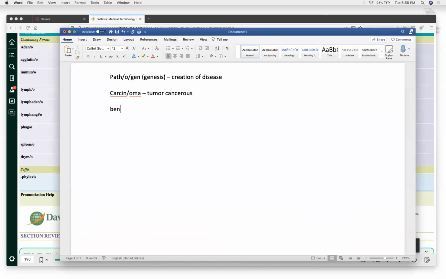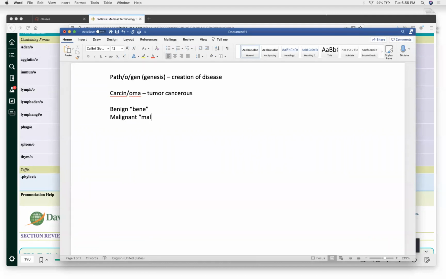It could be benign, coming from the Latin bene, or in Espanol, bueno, right? So benign, that's the quote unquote good cancer. Benign cancer still can kill you, right? But the odds of it killing you are far, far less than a malignant cancer.